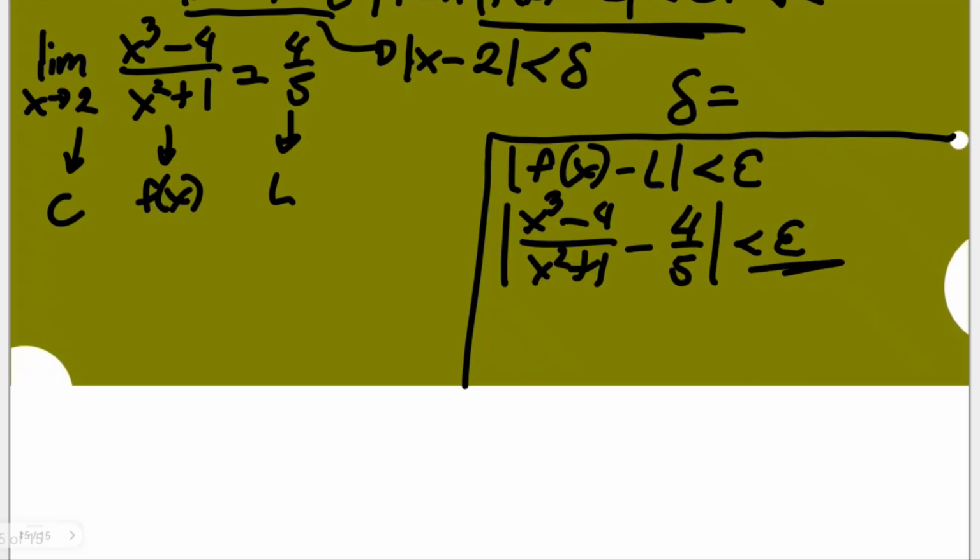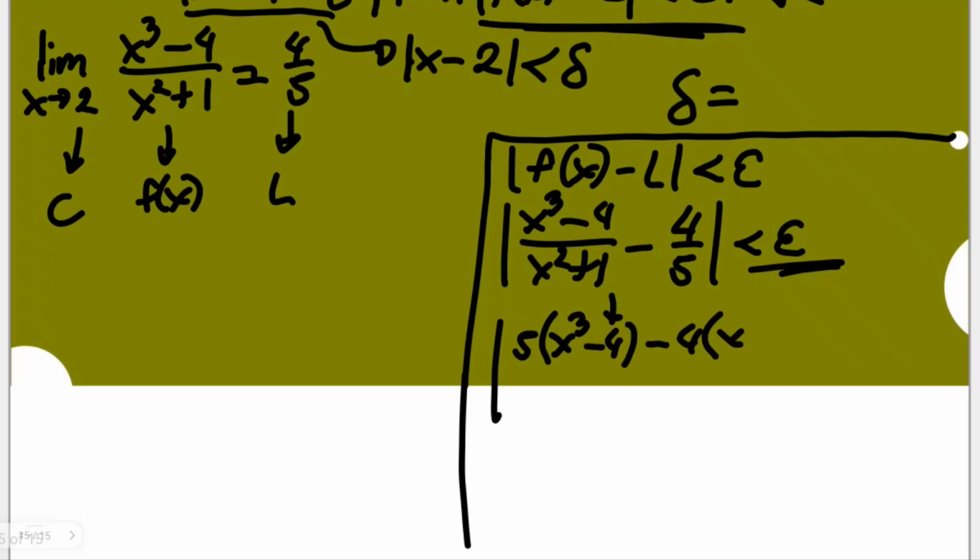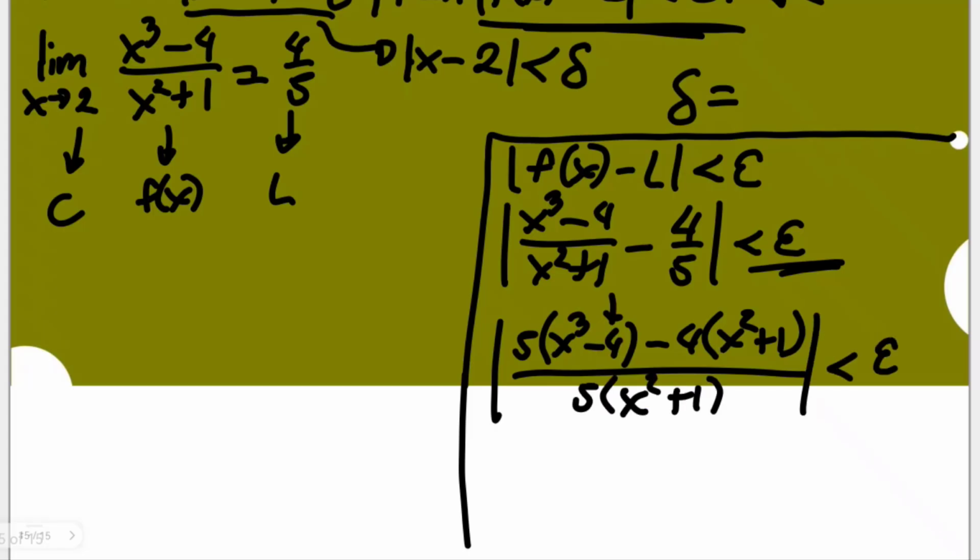I might be removing this later. I'm just going to simplify this, but whatever the results here will always be less than epsilon. So as we simplify that, that's 5 times x cubed minus 4 times x squared plus 1 all over 5 times x squared plus 1 here less than epsilon.